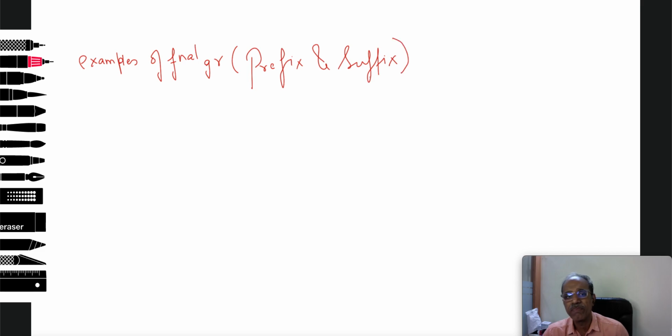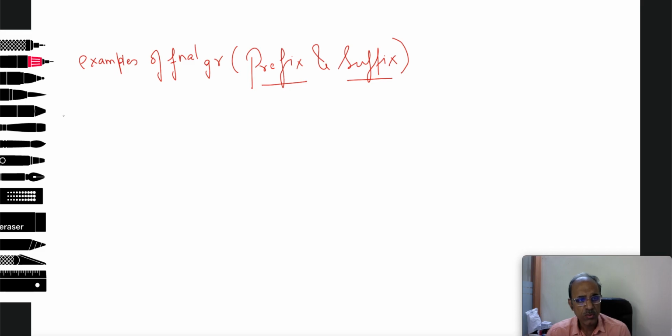Prefix means previously, first, and suffix. Prefix and suffix name. To be more elaborate, we will see about this prefix and suffix in a further lecture, further topic basically. But at this juncture, you just remember the prefix and the suffix name. Okay? Now we'll take certain examples.